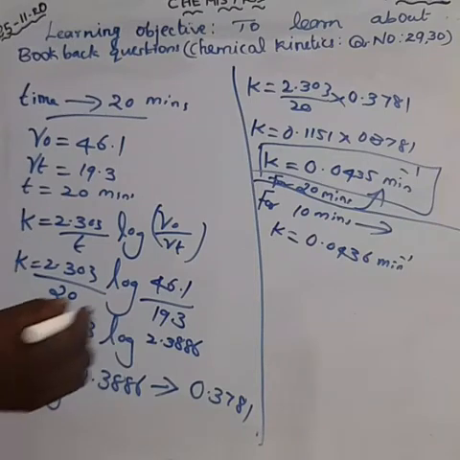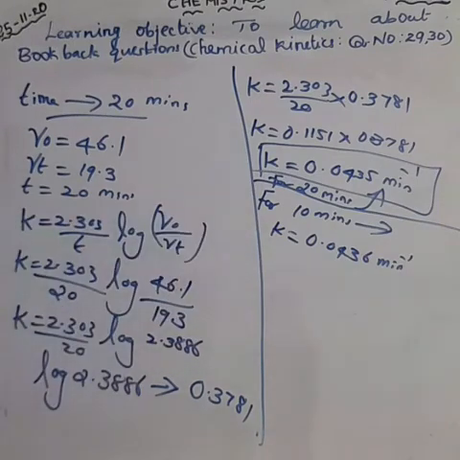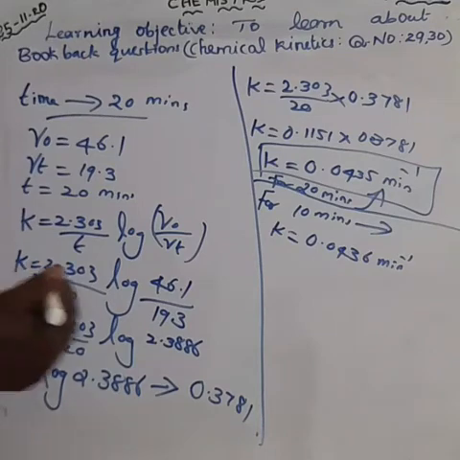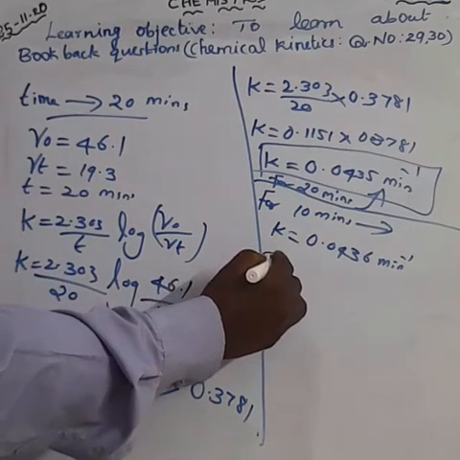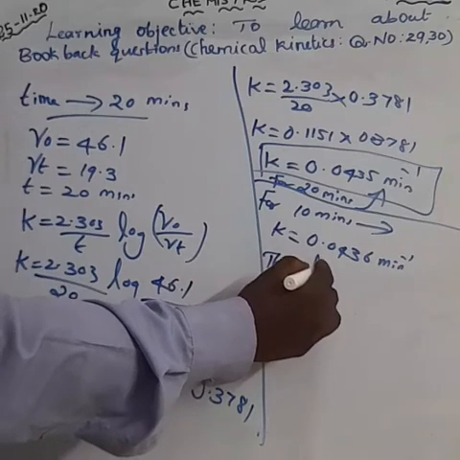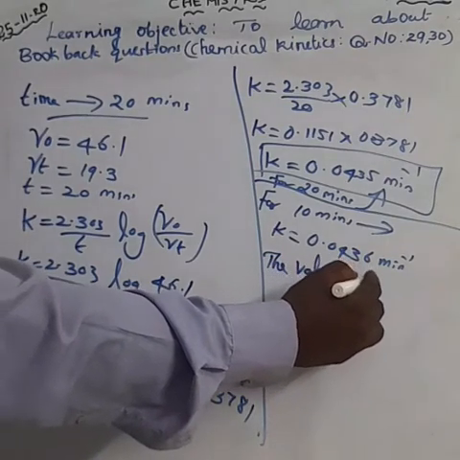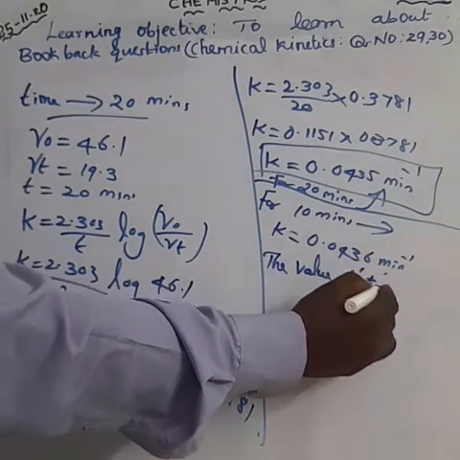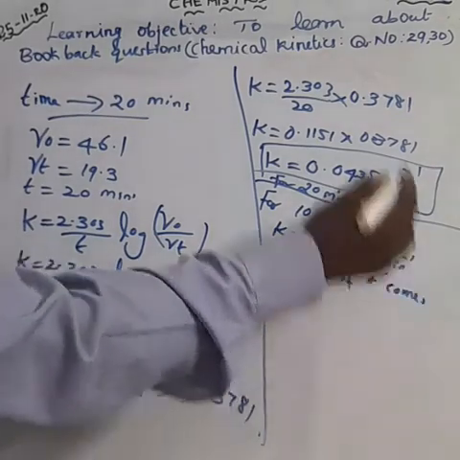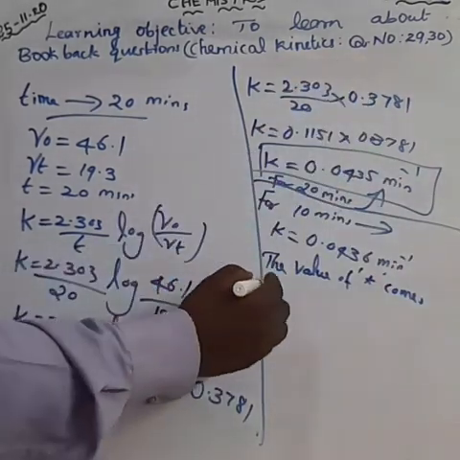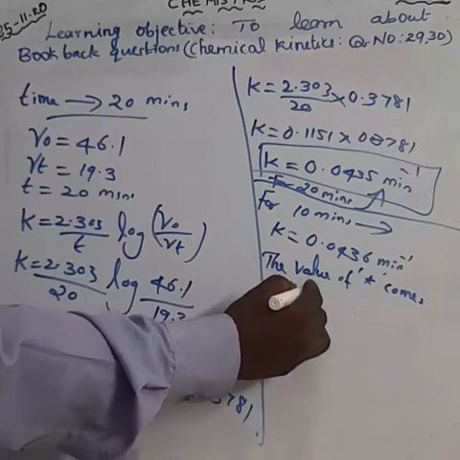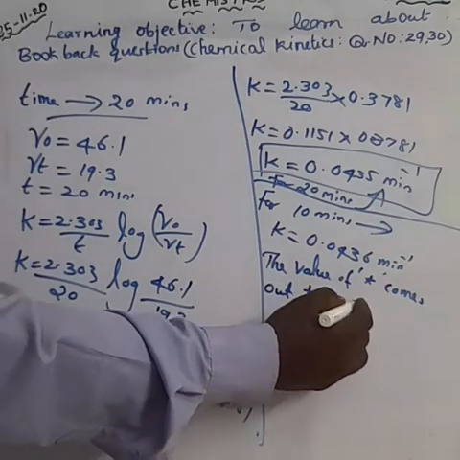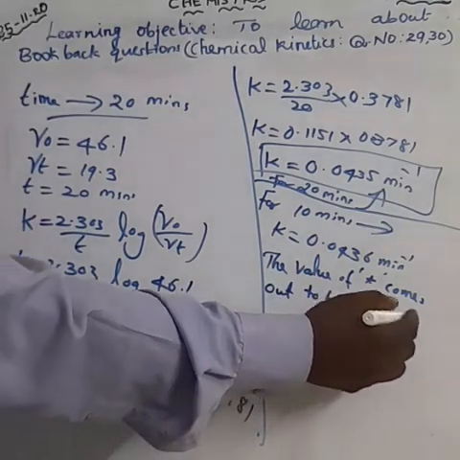Hence, for this reaction, we should write the answer like this: the value of K comes out to be nearly constant.